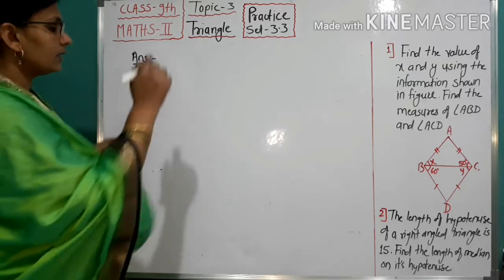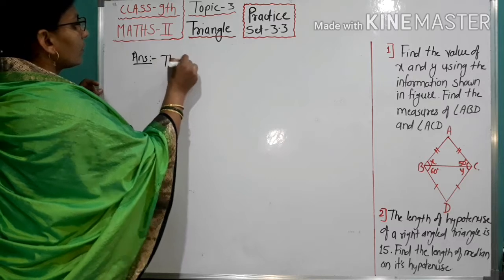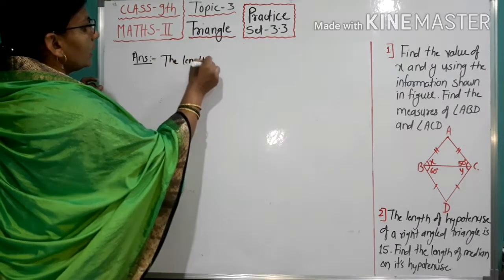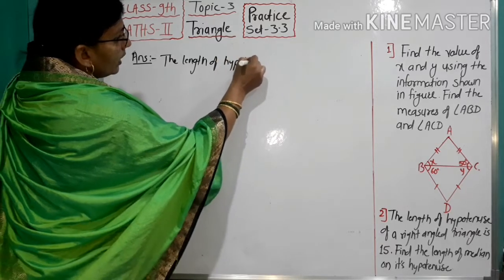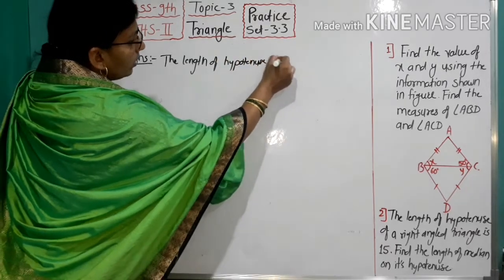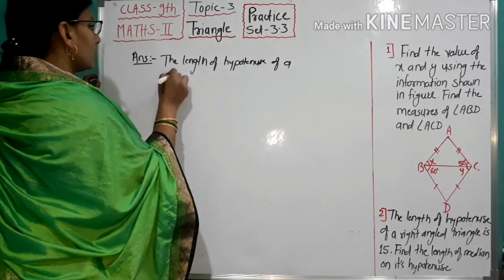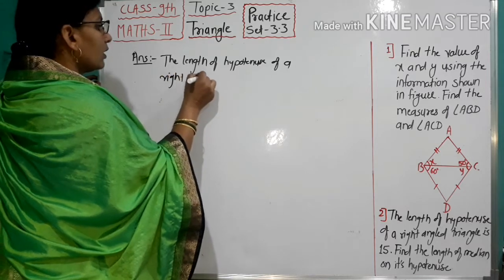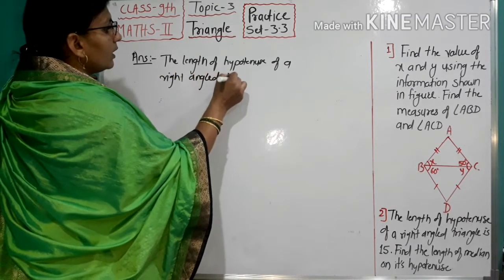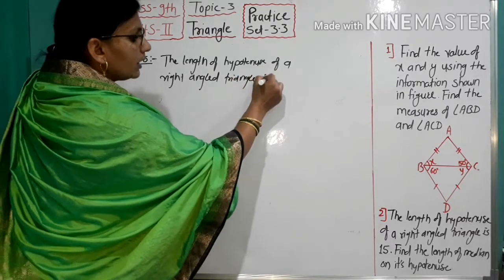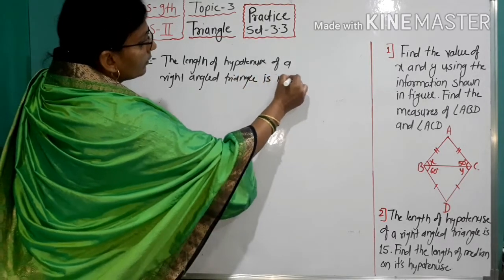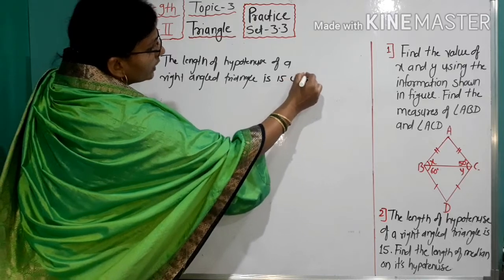First, given that the length of the hypotenuse of a right angle triangle is 15 units.